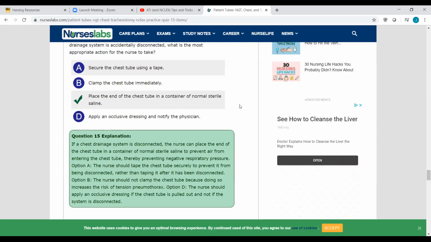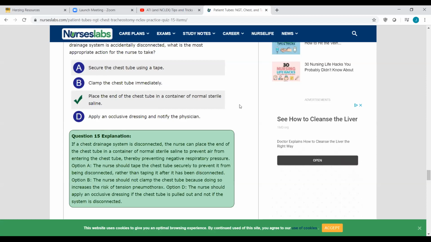So by actually putting the end of it into a container of normal saline, it's maintaining the water seal. And hopefully, if you do it quick enough, it'll do that before the lung fully collapses, right? Until you can reconnect a new system to it.